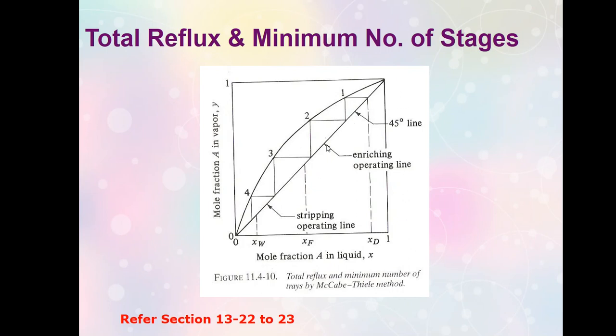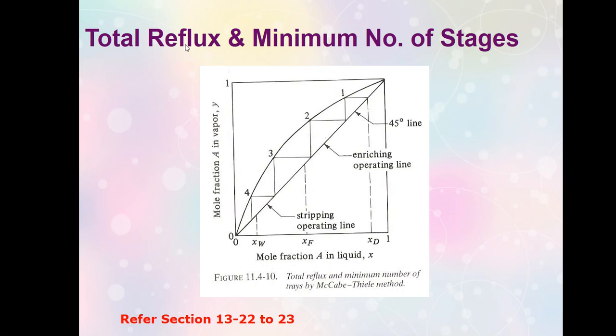So then, we just step off our number of stages graphically by starting from X sub D and probably going beyond or ending right on X sub W. And this is the minimum number of stages at a condition of total reflux.